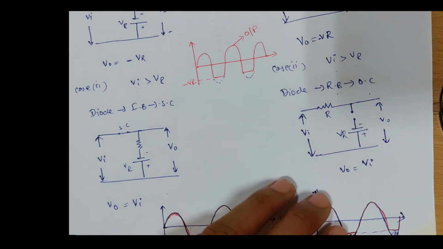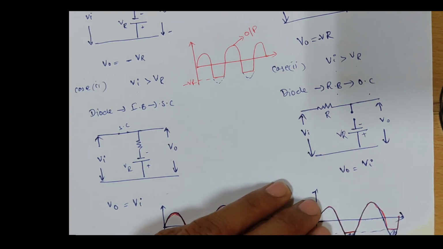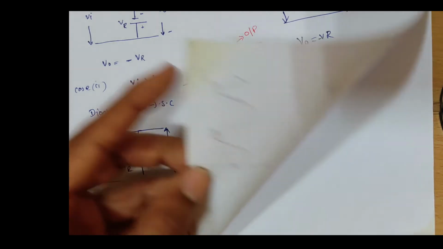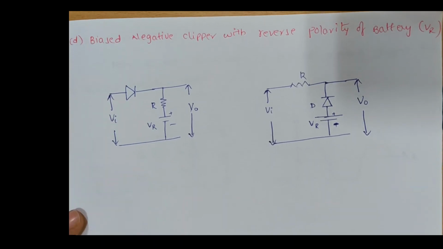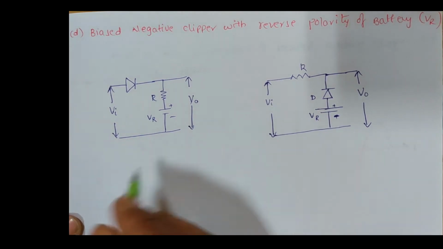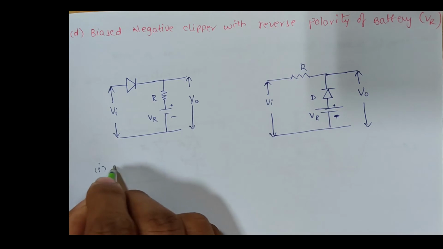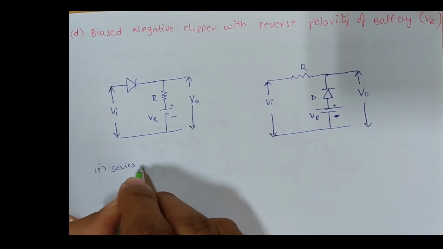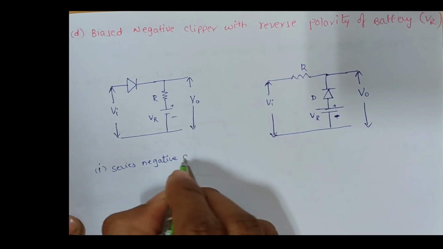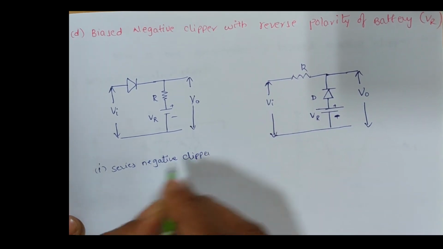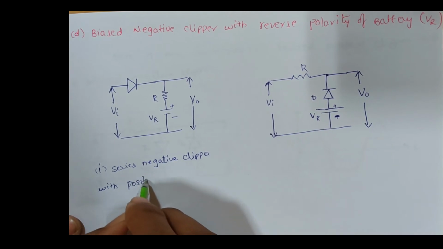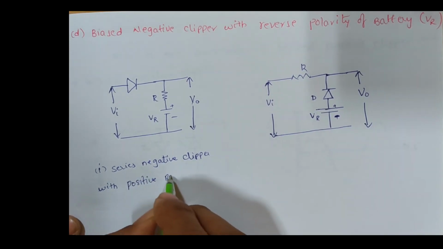Next we will discuss the biased negative clipper with positive bias. What is the polarity of VR? This is a series negative clipper with positive bias.